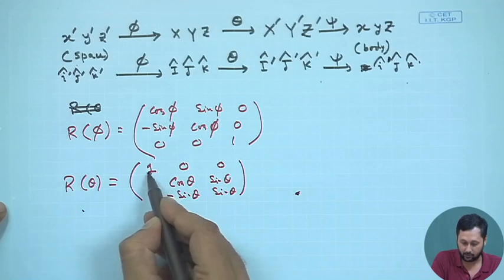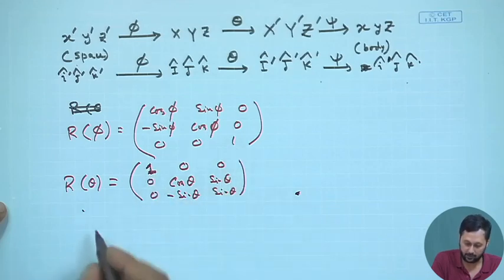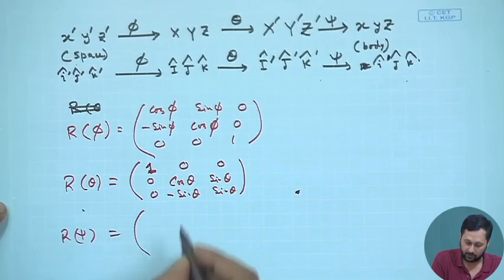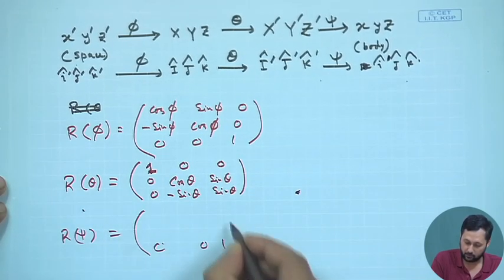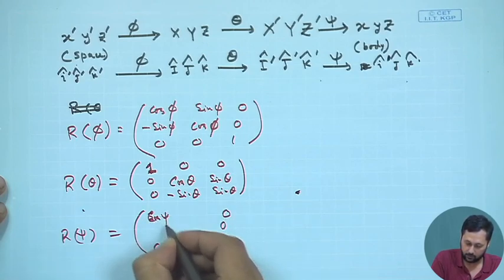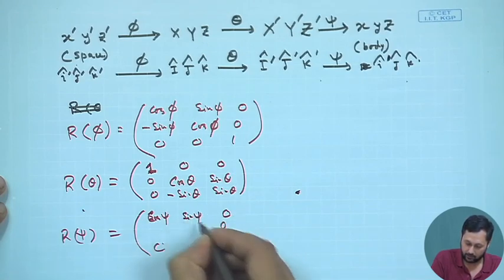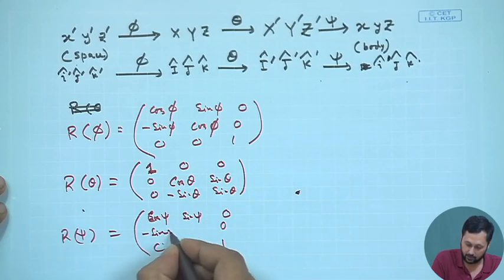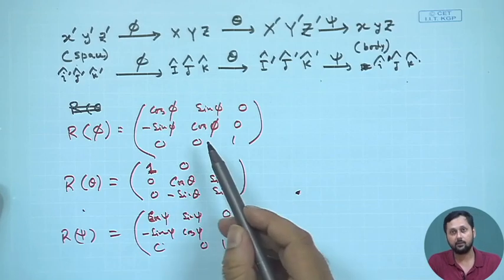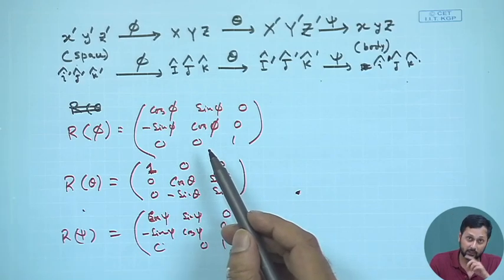So, for the second rotation x is invariant, and for the third rotation R psi, which is once again around the z axis, we will have cos psi, sin psi, minus sin psi, cos psi, and everywhere it is an anti-clockwise rotation.